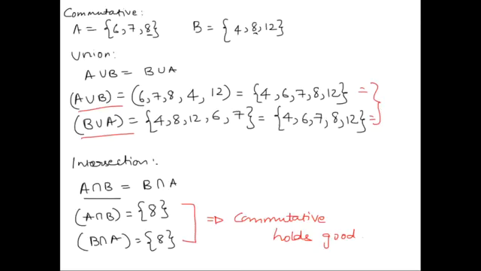Now let's see another property, which is the associative property. First, again, let's do union of sets. Okay, so in this case, we saw that it means (A union B) union C is equal to A union (B union C).